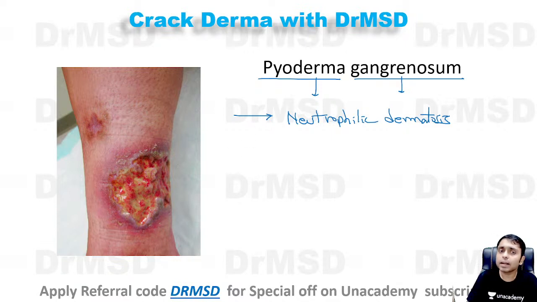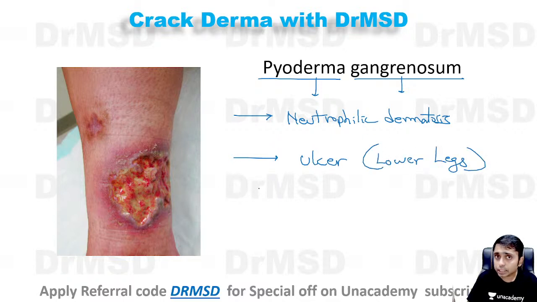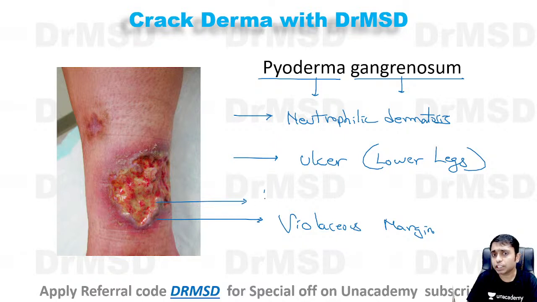That is, if you take a biopsy from this lesion, there is going to be plenty of neutrophils in the dermis. And what are the other points with which you can identify these ulcers? Pyoderma gangrenosum will produce ulceration most commonly over the lower legs. So lower legs are the most common site, and the characteristics of the ulcer are a violaceous margin and undermined edges.